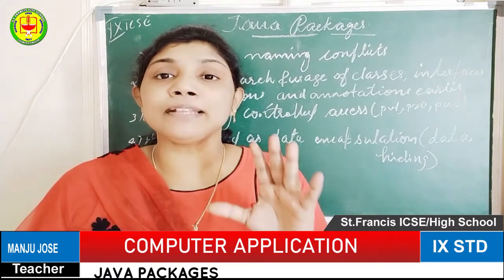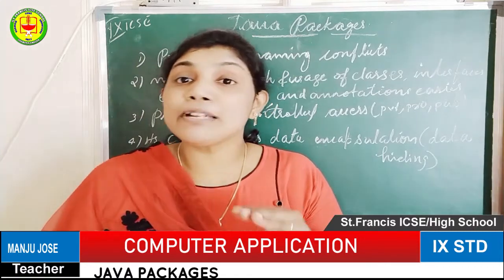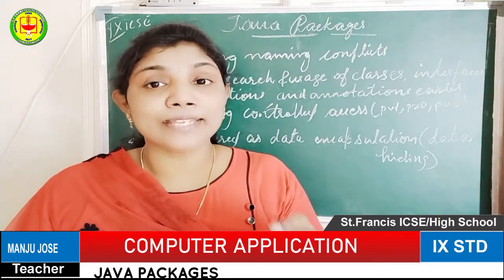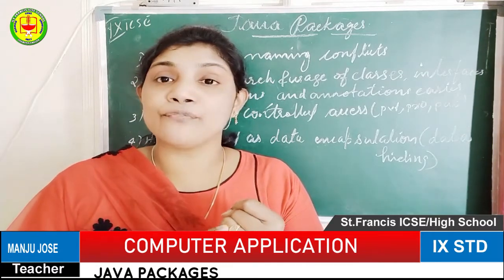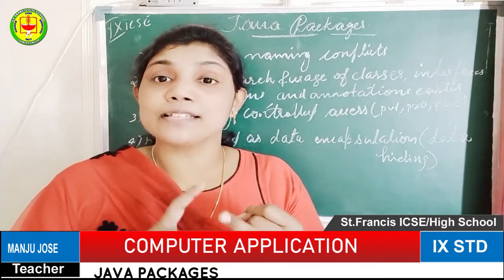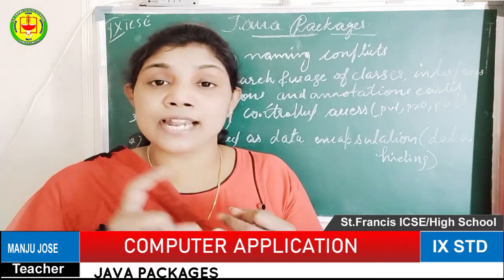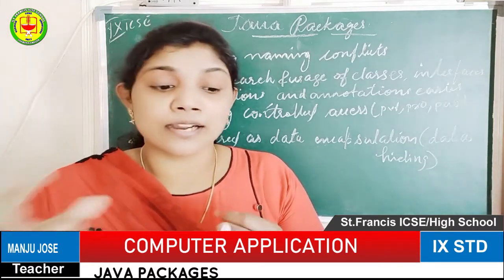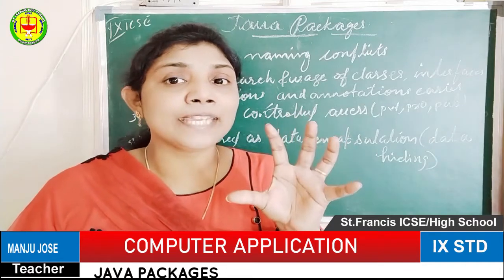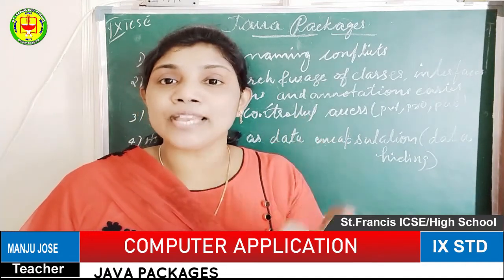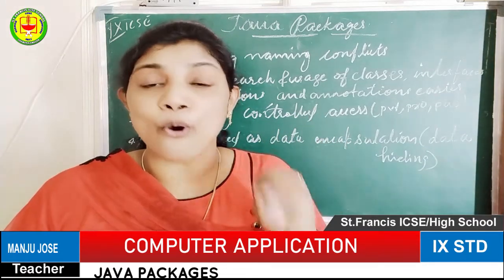But we are not giving index numbers like 1, 2, 3, 4. Instead we give identification names: class staff dot college, class staff dot ICSE, class staff dot high school, class staff dot nursery, using the dot operator.